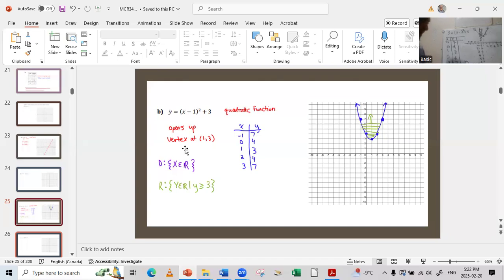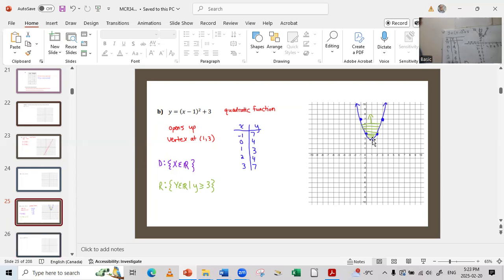For the vertex, like you see here, it is the lowest point in the curve. Here it is, where the curve will turn back. This we call the vertex. So in this point, the curve will turn back at x equals 1 and y equals 3, exactly here.